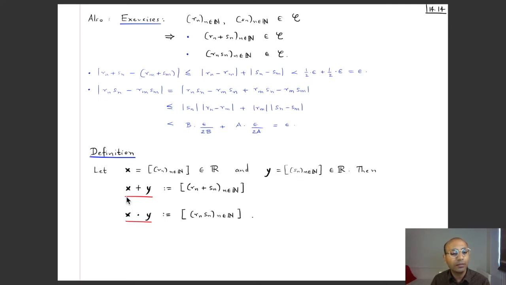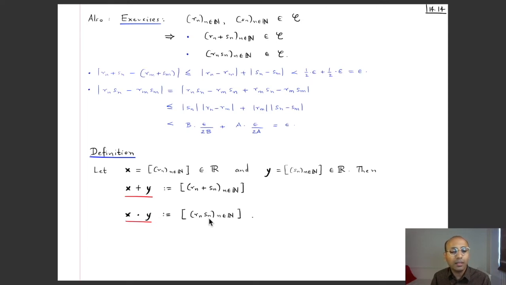Then we define the sum of these two real numbers to be the real number which is the equivalence class containing the Cauchy sequence in Q whose nth term is given by Rn plus Sn, which is the term-wise sum of these. And x times y is the real number which is the equivalence class containing the Cauchy sequence in Q whose nth term is given by the term-wise product of these two, which is RnSn.